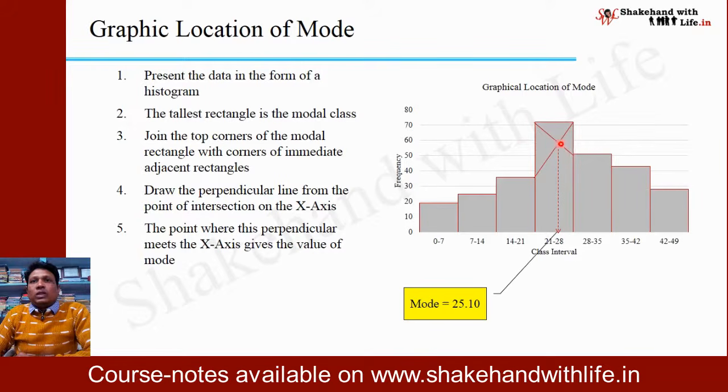Now this is the intersection point. From this intersection point, draw a perpendicular on the x-axis. This touch point is the mode for the given class interval or continuous data series.